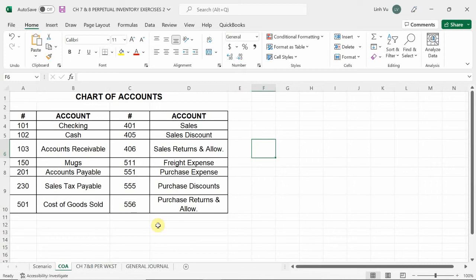Would it be mugs, purchase returns and allowances? Not purchase returns and allowances, because this time we're using perpetual inventory. So yes, you take it directly out of mugs, because that's where you put all your inventory. Therefore, I take 50 of them out of the mugs account. And then what else is going to happen?